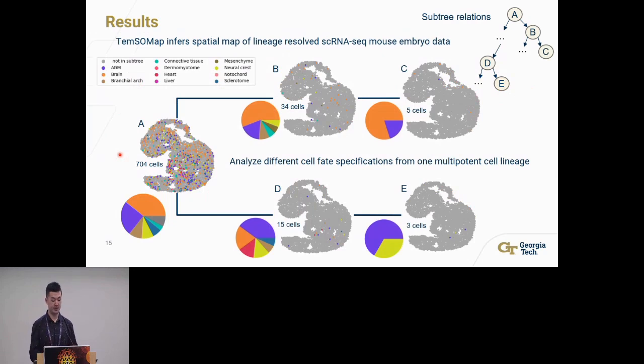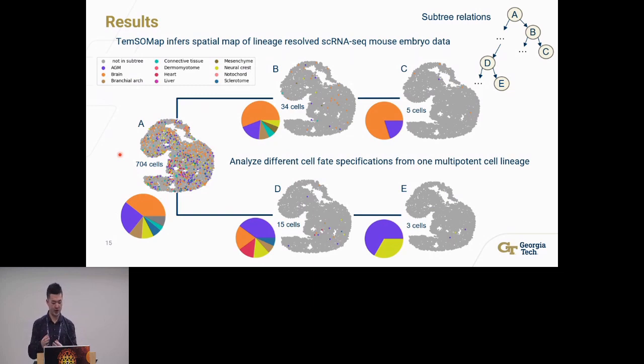And more excitingly, because we have this paired lineage information of the cells and we map them onto space, now we can perform analysis in a spatial temporal manner. What we do here is start with a subtree on the cell lineage, this subtree A, which comprises 704 cells with diverse cell types, which indicates that at this current depth of the tree, the cells are multipotent.